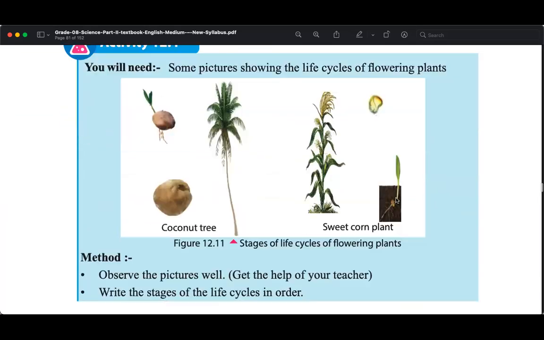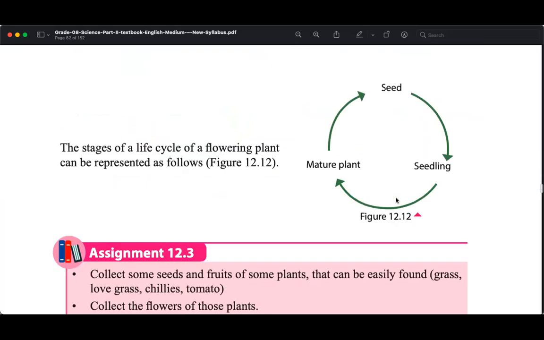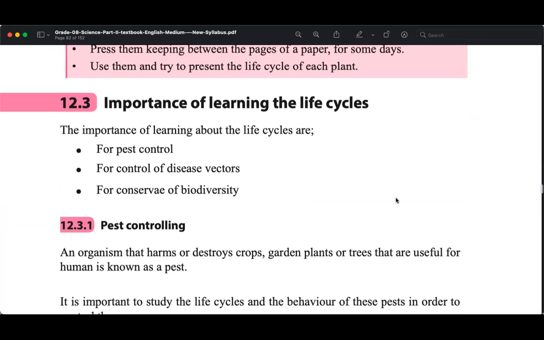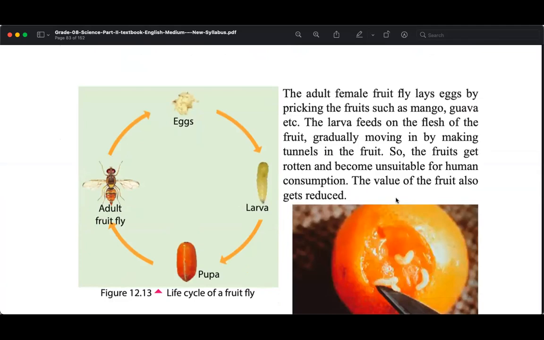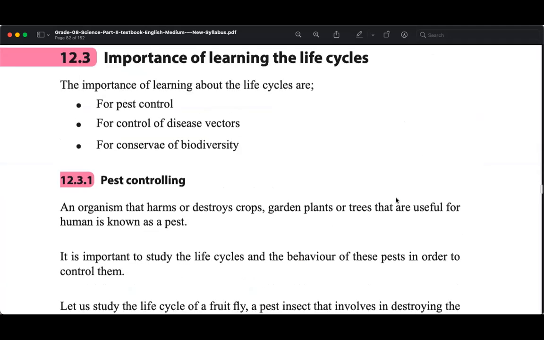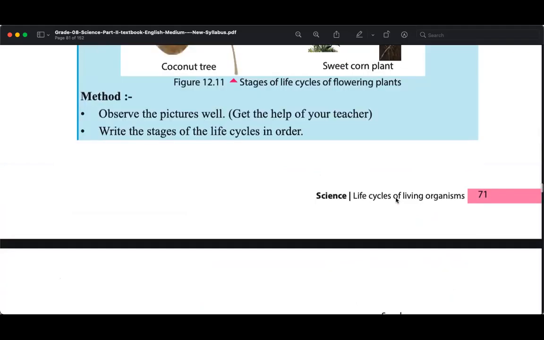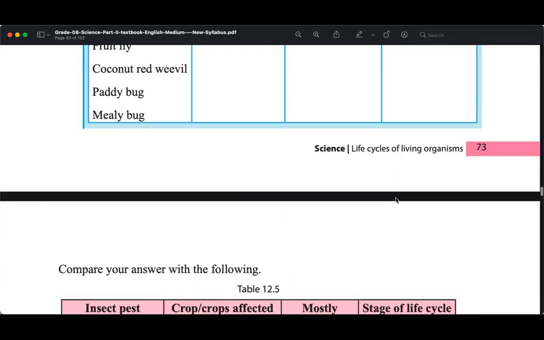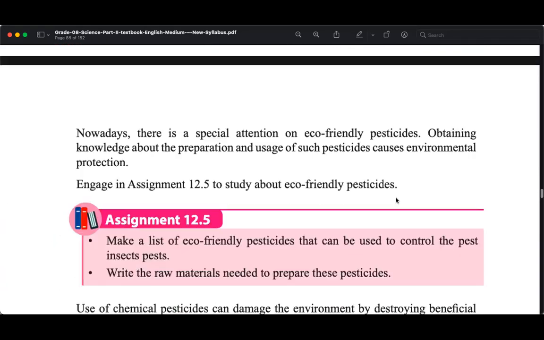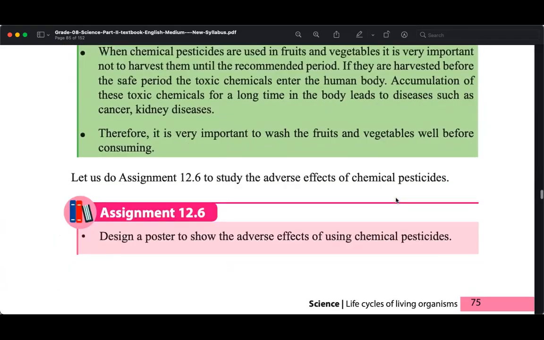Then we have to discuss plant life cycles. Yeah, this part I will discuss next day, because I need a few more notes added to this, and I have not prepared that today.